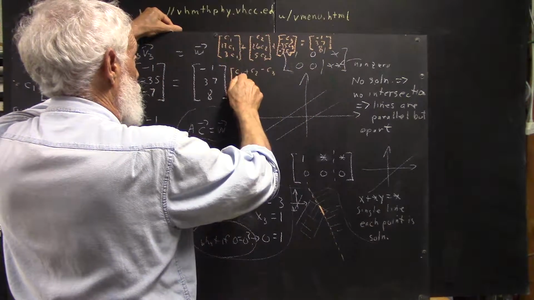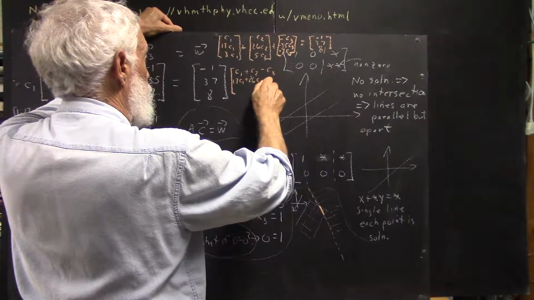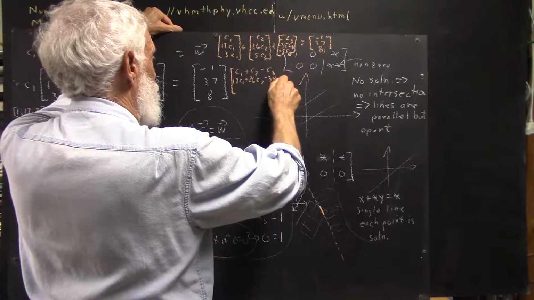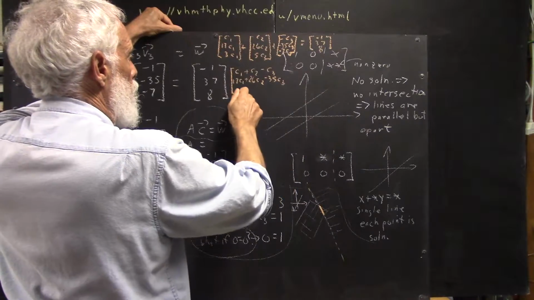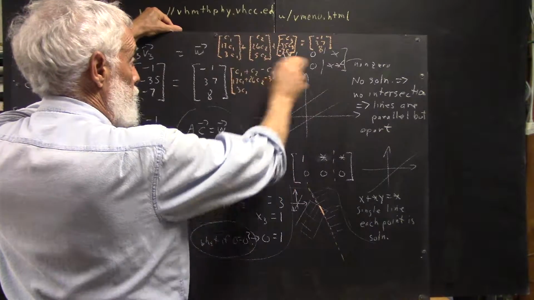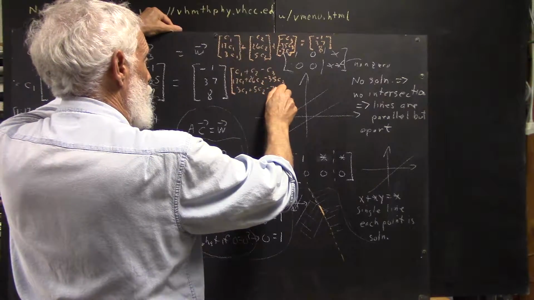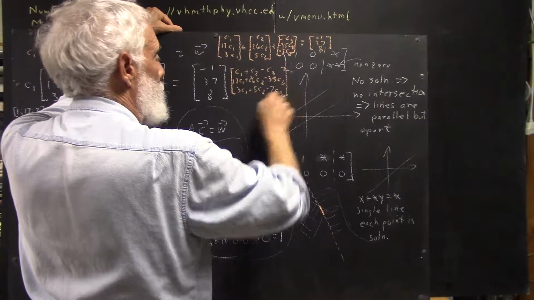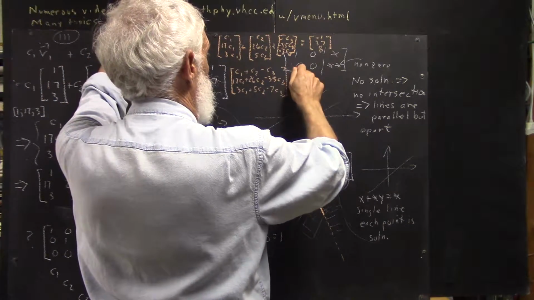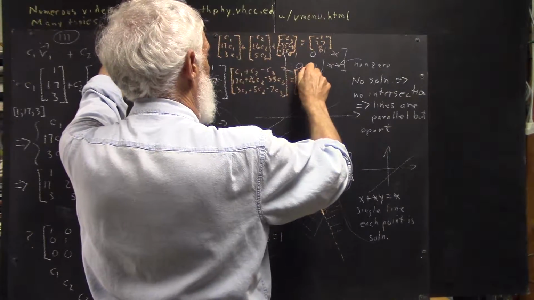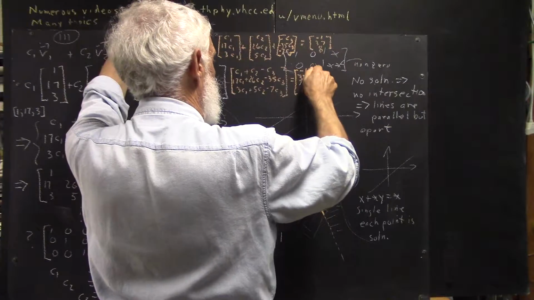We're going to have 17C1 plus 26C2 minus 35C3. And then 3C1 plus 5C2 minus 7C3. Okay, and that's going to equal the column negative 1, 37, 8.